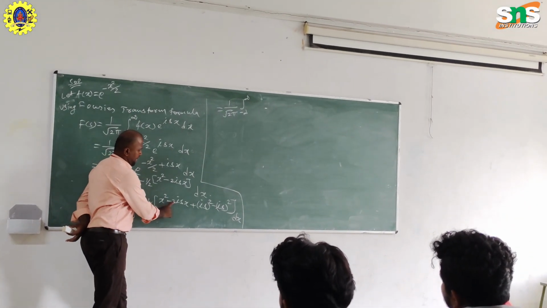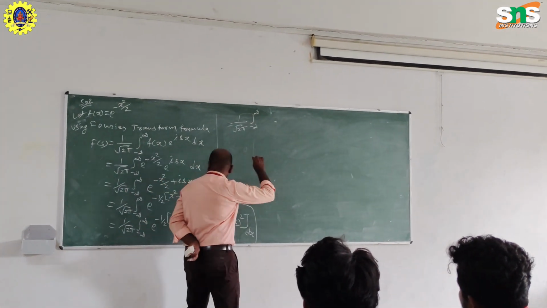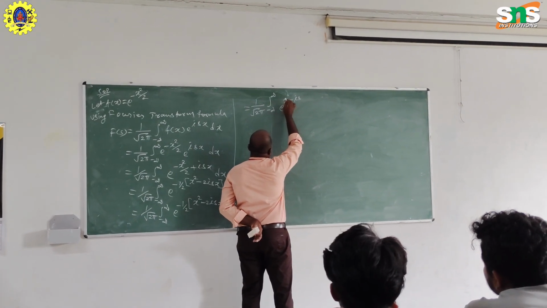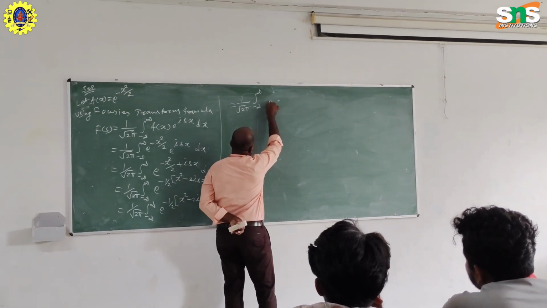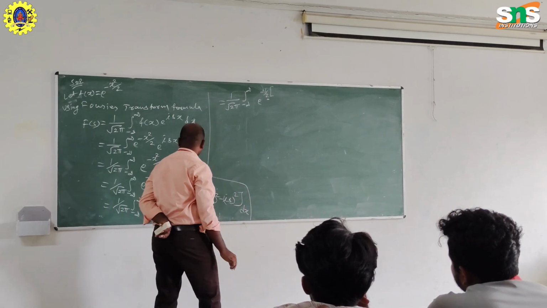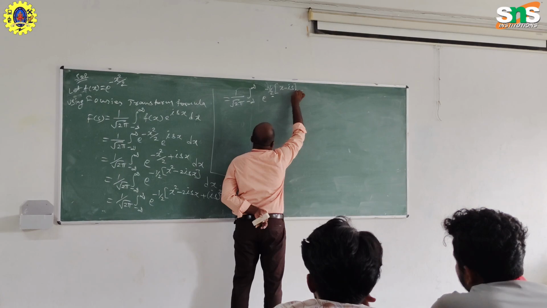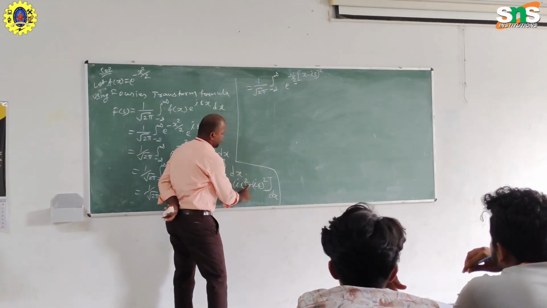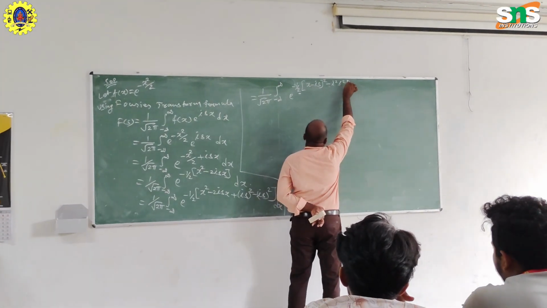Using the a square minus 2ab plus b square formula, we have to substitute this formula: x minus is, e power minus 1 by 2 into x minus is the whole square. Next one is minus i square x square.